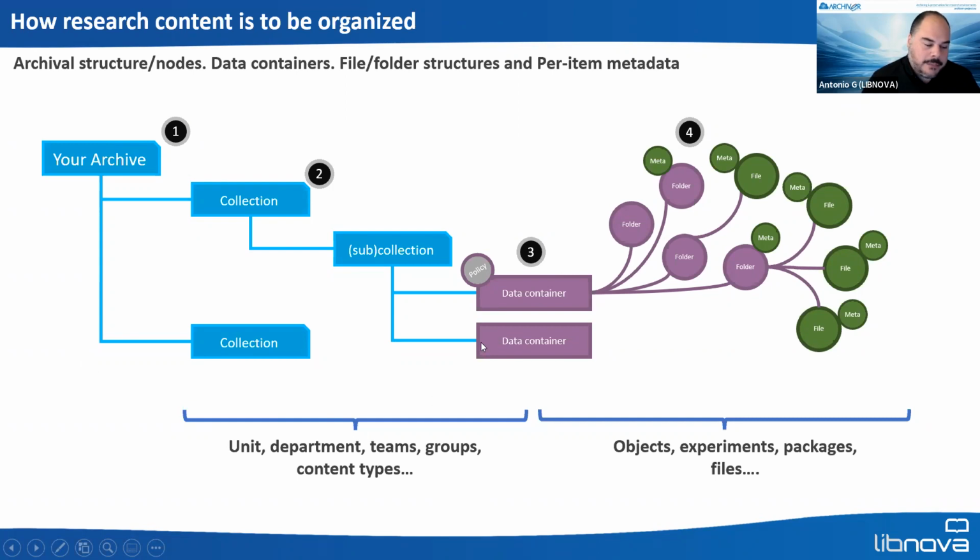Our customers are usually representing in this structure their units, departments, teams, groups, content types, and then inside the data containers, they are keeping objects, experiment packages, files, and so on. But this is something that needs to be understood in order to basically organize how the archive is going to work.